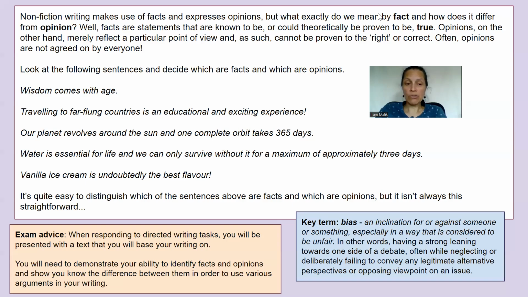We could count the number of days that the Earth takes to orbit the sun, and we could also prove using telescopes and scientific equipment and from monitoring it from space that this is indeed a fact. Okay, so we could prove it to be true and correct, even if in reality most of us are never likely to actually do that. We know we could. Right, that's the point.